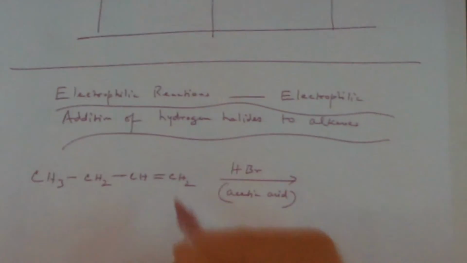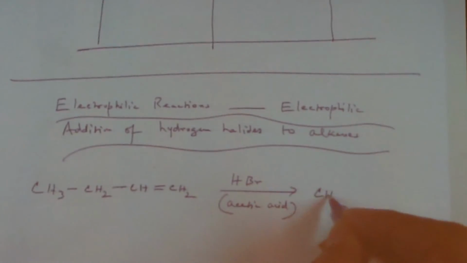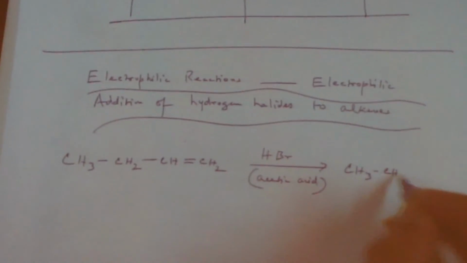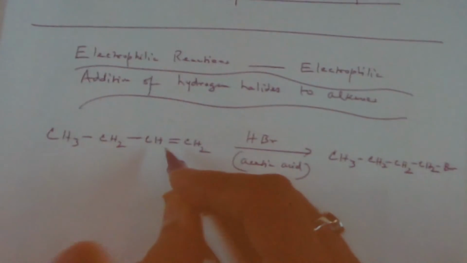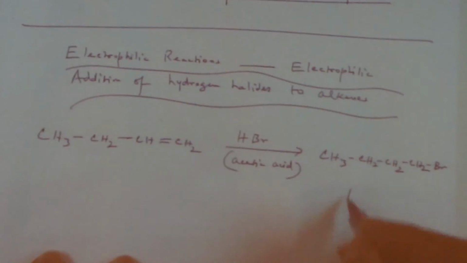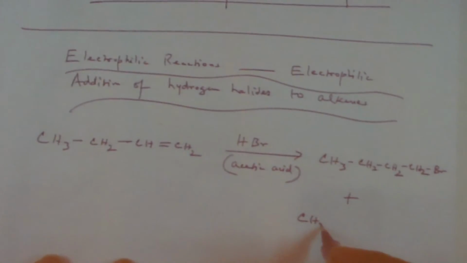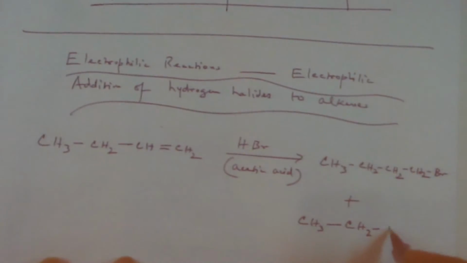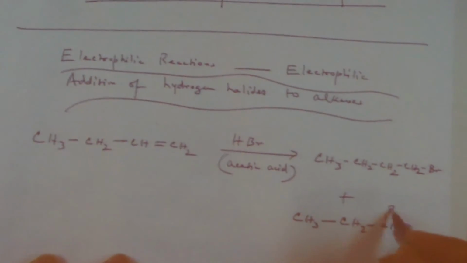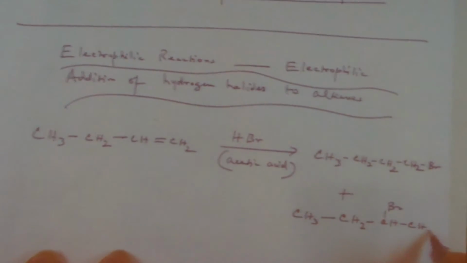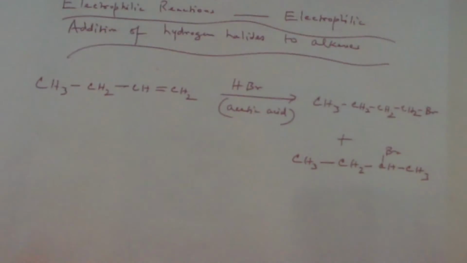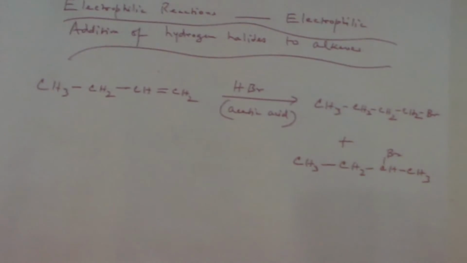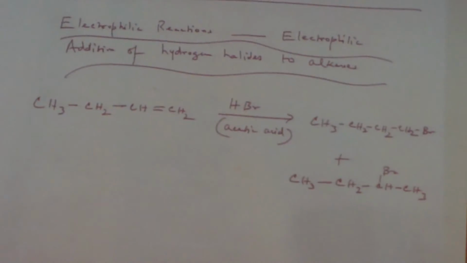In one case, the bromine can add at the very end, and the hydrogen can add here. And of course, you can also do this. So both products are possible depending on where the hydrogen goes and where the bromine will go.